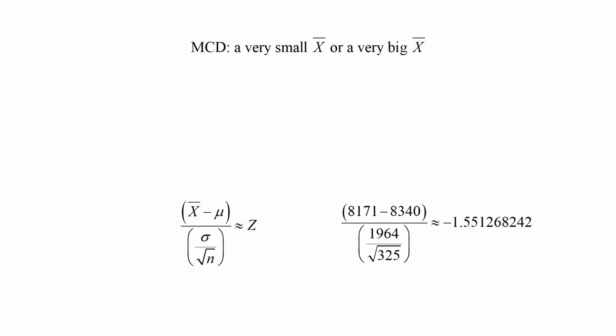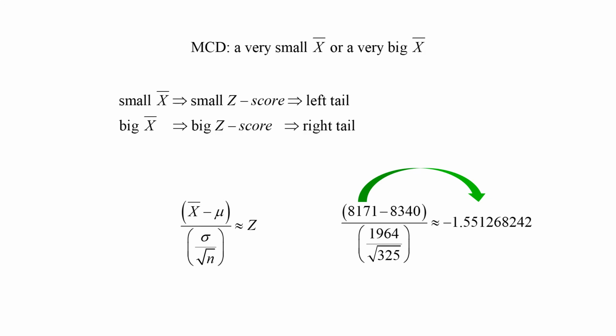So we have two options that we need to track down. X bar could be really small or really big. Again, we have to look at the equation you're using. X bar directly impacts the value of the z-score. The smaller X bar is, the smaller that z-score is. The bigger X bar gets, the bigger the z-score gets. So two options: small X bar, which means small z-scores.